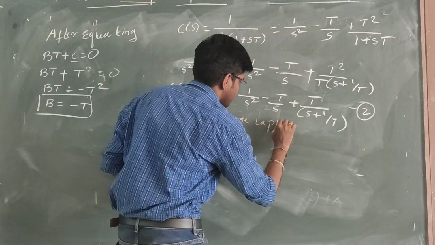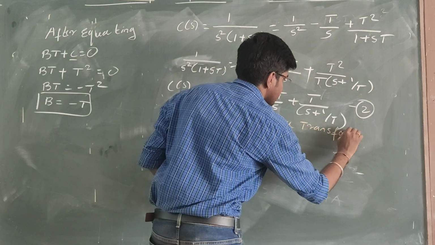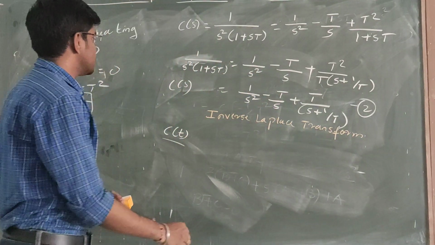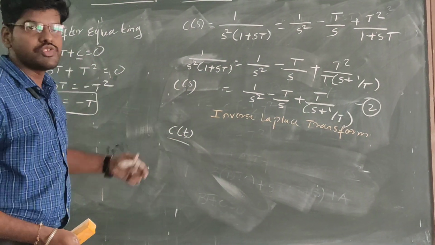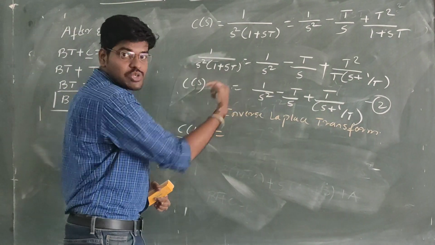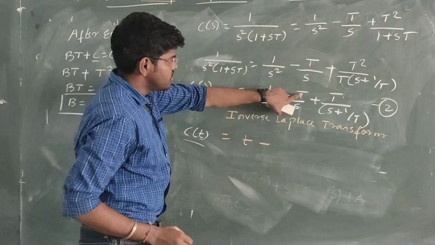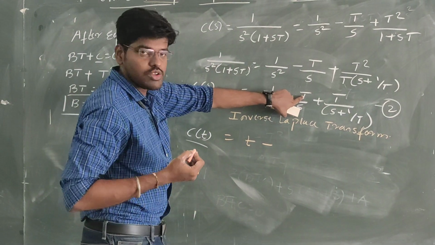After applying inverse Laplace transform, C of s will be converted to C of t. Inverse Laplace transform of 1 by s square is t, minus capital T, which is the time constant, a constant value.